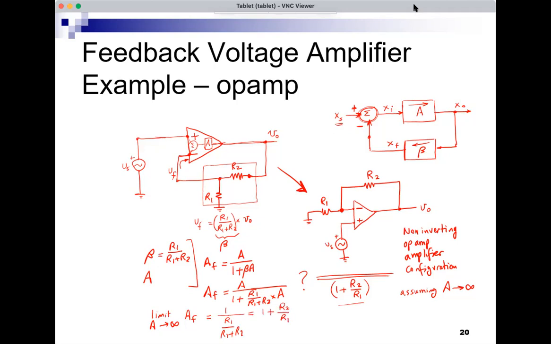So feedback gave me the more general result. Even if A is not infinite, I know AF is A over 1 plus beta A, and I get this more general expression when A is finite, which becomes this if A goes to infinity, and is exactly equal to the expression that we derived previously, assuming the op amp is ideal and without knowing anything about feedback, just using circuit theory. So this non-inverting op-amp amplifier is a really nice illustration of feedback. It's a great example of a feedback amplifier.